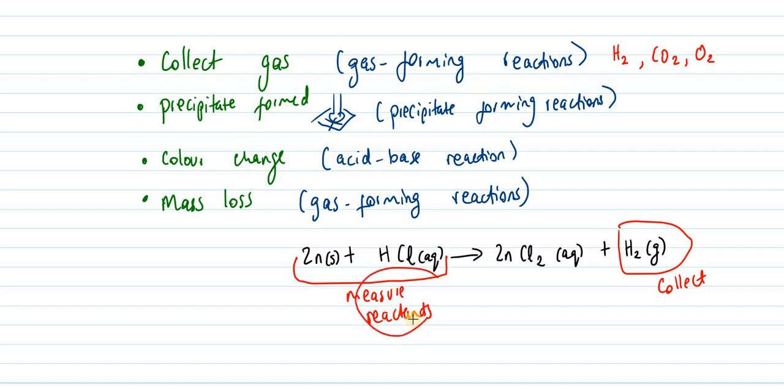You're going to allow the gas to escape. Okay? So both of these are very much connected. Both of them are related to gas forming reactions. Then precipitate is for precipitate forming reactions. Color change is for acid-base reactions.